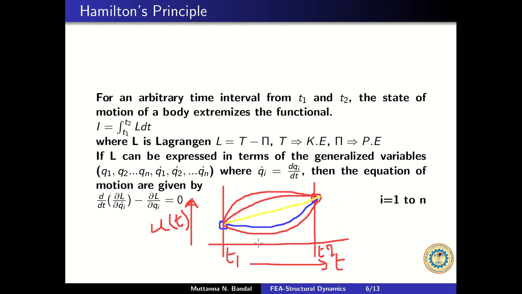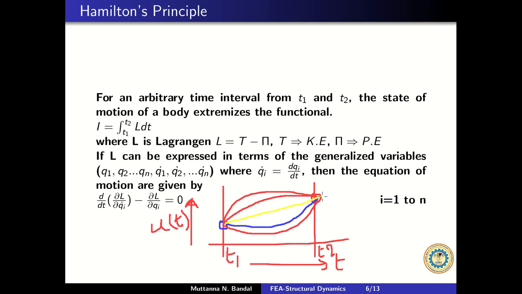Now we don't know how the mass moves from this position to this position over a period of time. These might be the possible paths, all five: 1, 2, 3, 4, 5. Now Hamilton's principle helps us to exactly define which path the mass has taken.